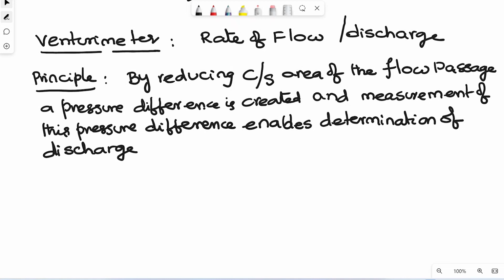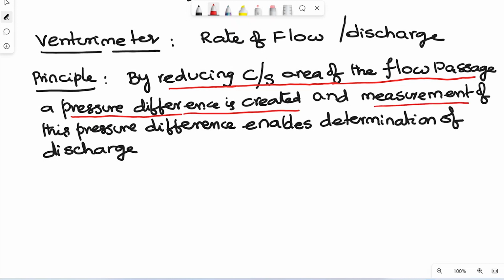Here the important points are: first, reducing the cross sectional area of the flow passage. Then what happens? A pressure difference is created. Then next, measurement of this pressure difference, and that enables determination of discharge.